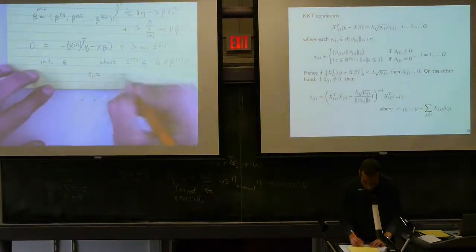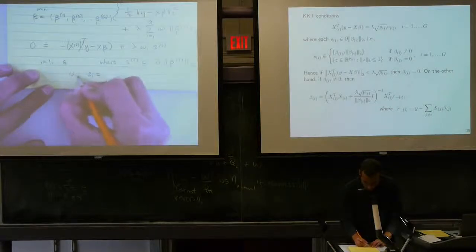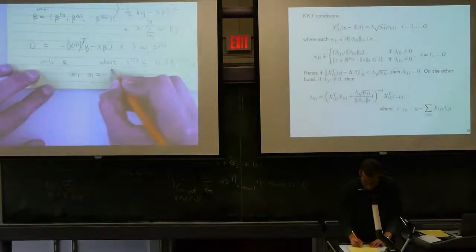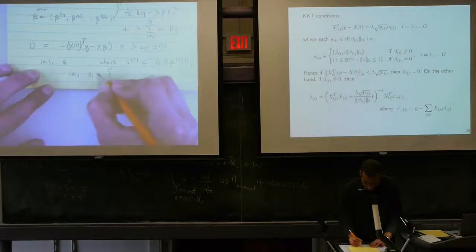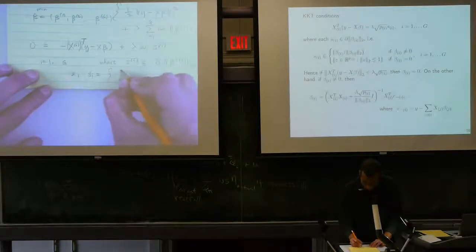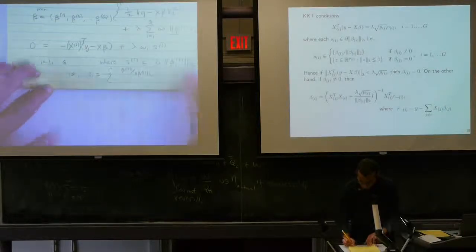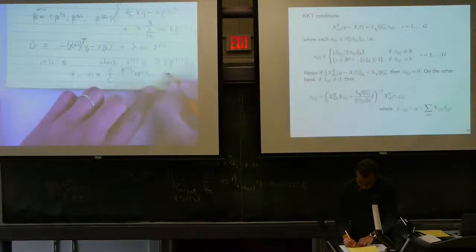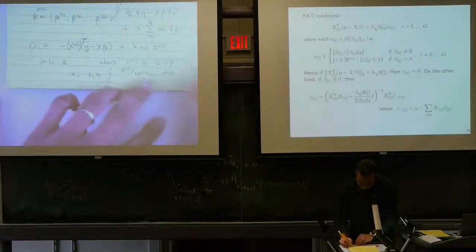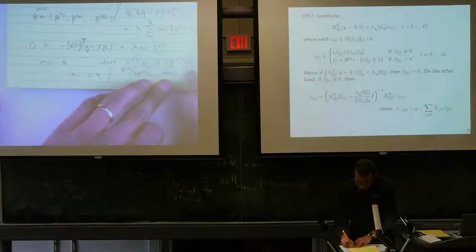This is equal to beta_i over its norm when the entire block is not 0.